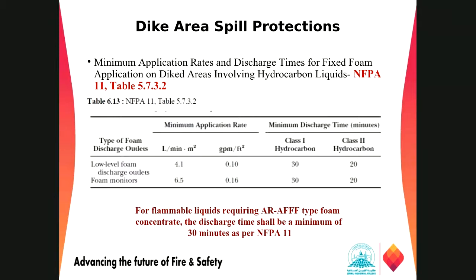And the duration for class 1 hydrocarbons should be 30 minutes, and the duration for class 2 hydrocarbons is 20 minutes. This specification normally comes from NFPA 30, which defines the classification of liquids based on their flammability and combustibility criteria.